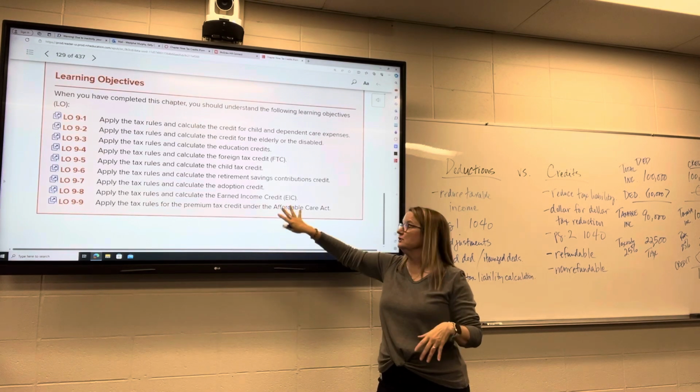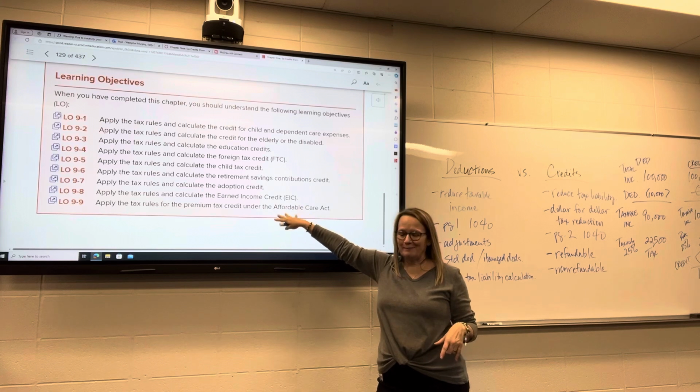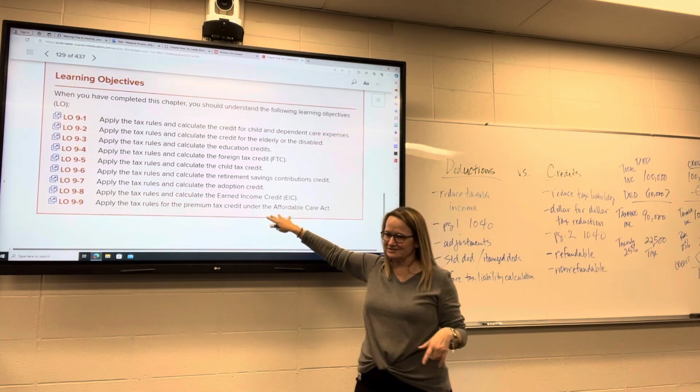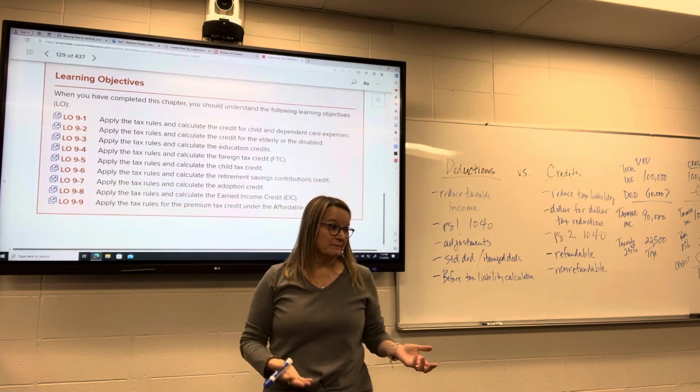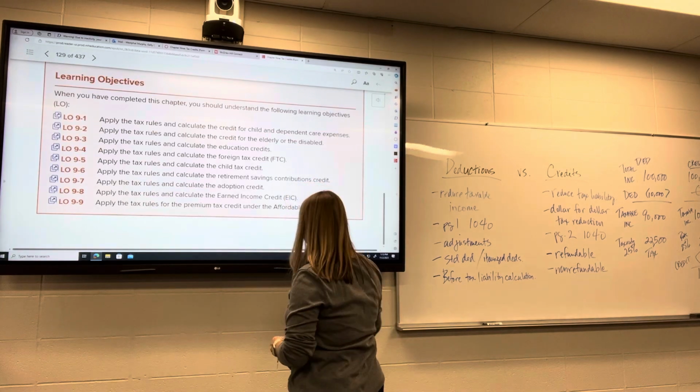Now, ironically, you don't actually use the amount of Medicare and Social Security taxes that you pay in the calculation, but it is based on income and the number of dependents that an individual has.